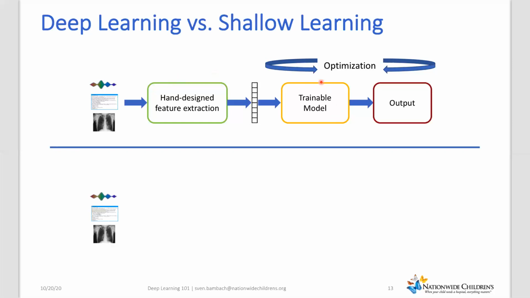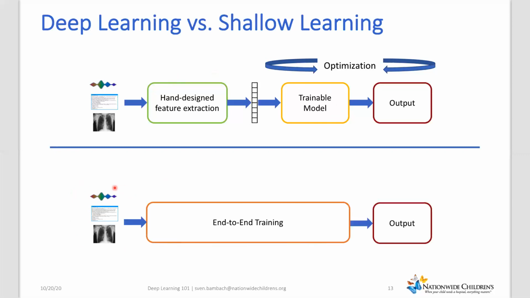What would be nice is an alternative idea where you just take your raw data set, whatever it might be, and you plug it into one gigantic model that takes care of everything. And that is called end-to-end training. You might have heard this term end-to-end before. It occurs a lot within the context of deep learning. And it's called end-to-end because there's no manual feature extraction anymore, right? You just take your raw data, you plug it into this mysterious big model, and it takes care of everything all the way to producing the desired output.